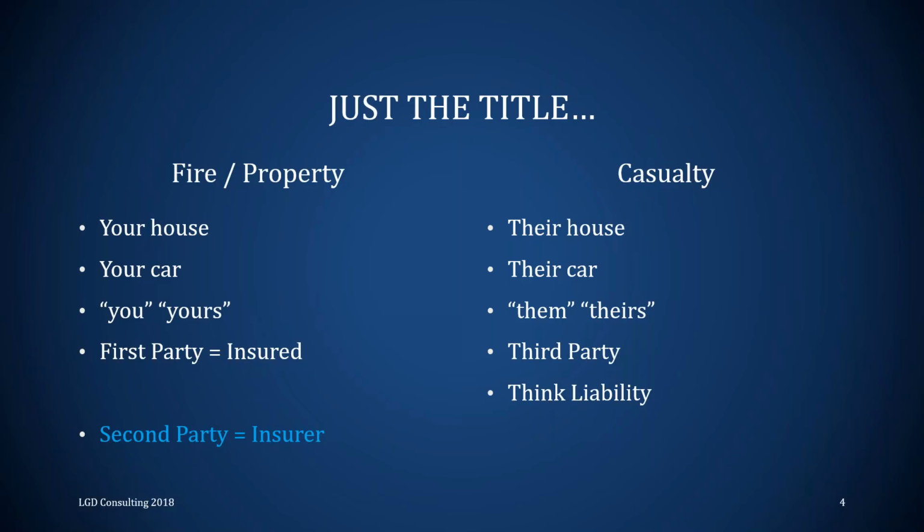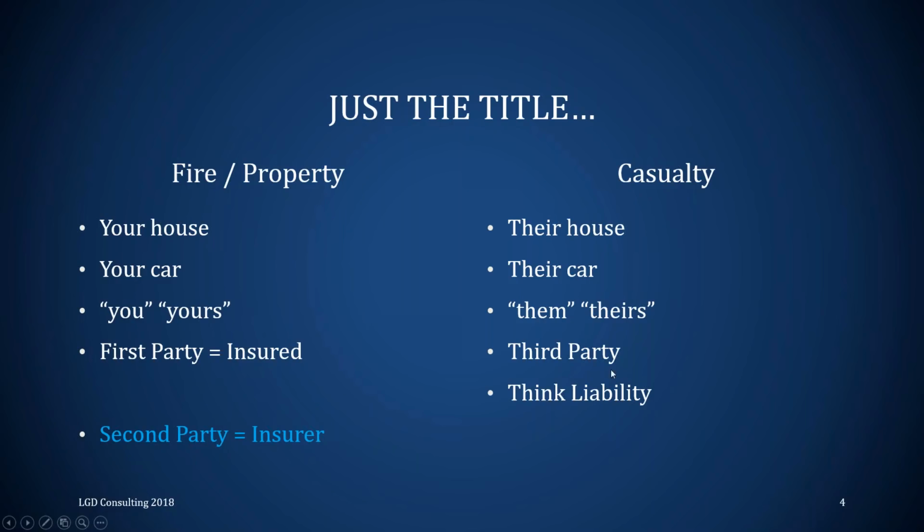Now, the second half of this, the casualty portion. Casualty coverage protects against a number of occurrences, and this would be like their house, their car. In the contract, it would say we are covering them and their stuff, and that would be a third party. Remember, if you're the insured, you're the first party. The insurance company is the second party.